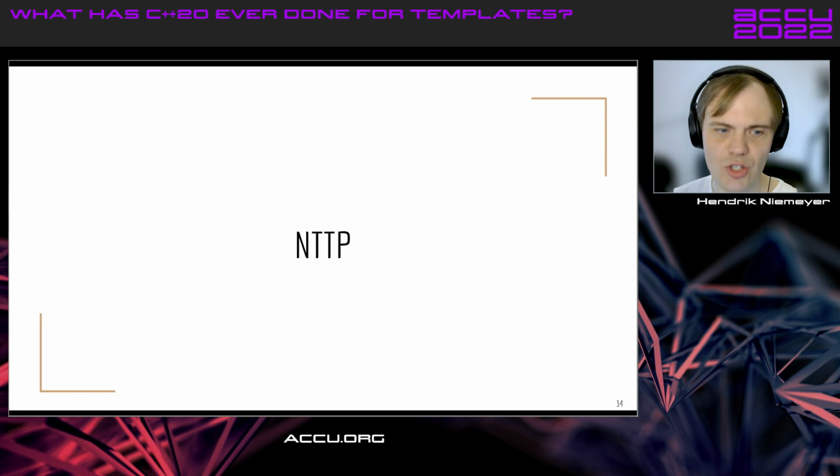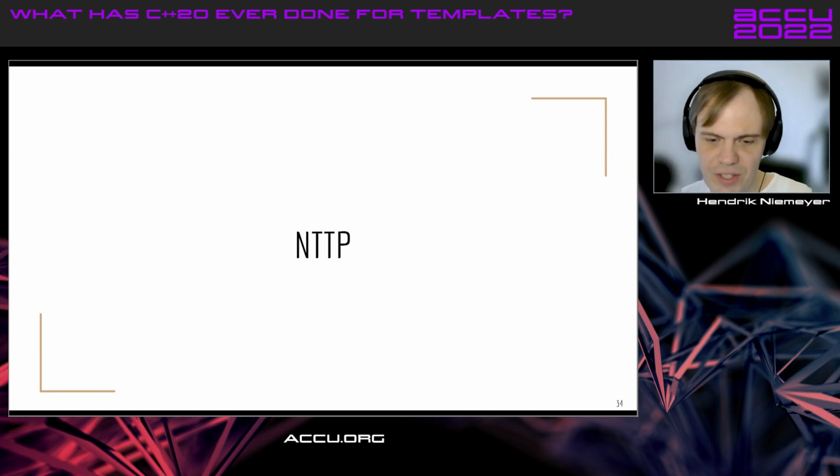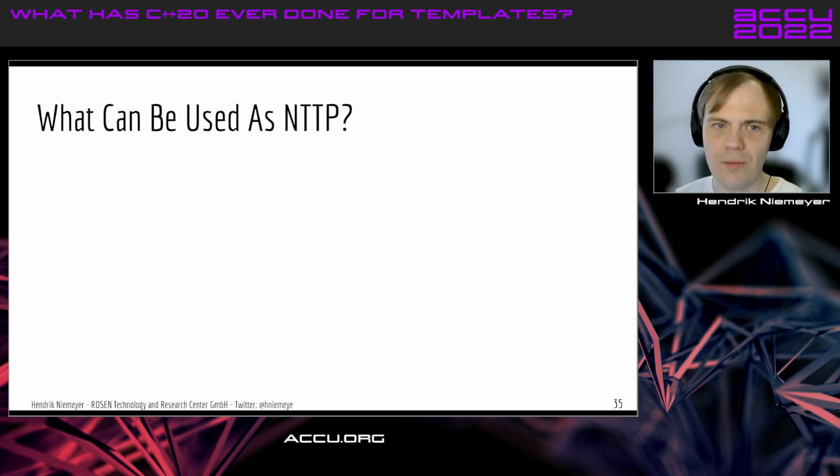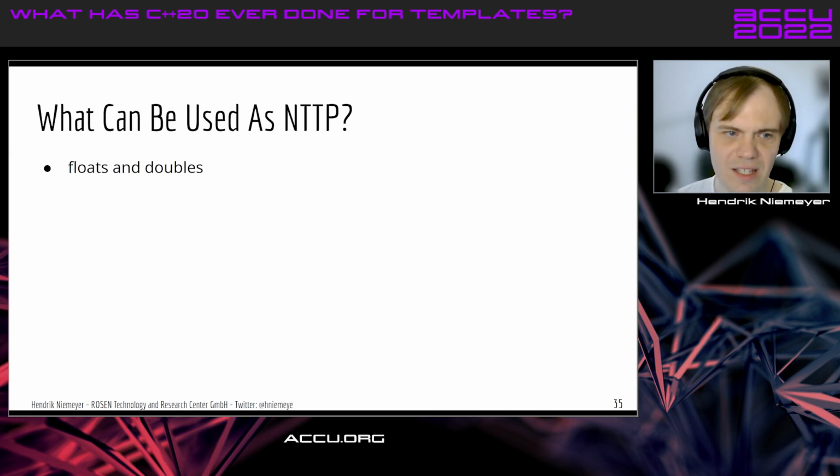And this has changed a lot with C++20, and now we can use many things as non-type template parameters, and this gives us a lot more opportunities. So what can be used as non-type template parameters today? We can use floats and doubles as non-type template parameters with a little bit of gotchas, which we'll see in one of the next slides.